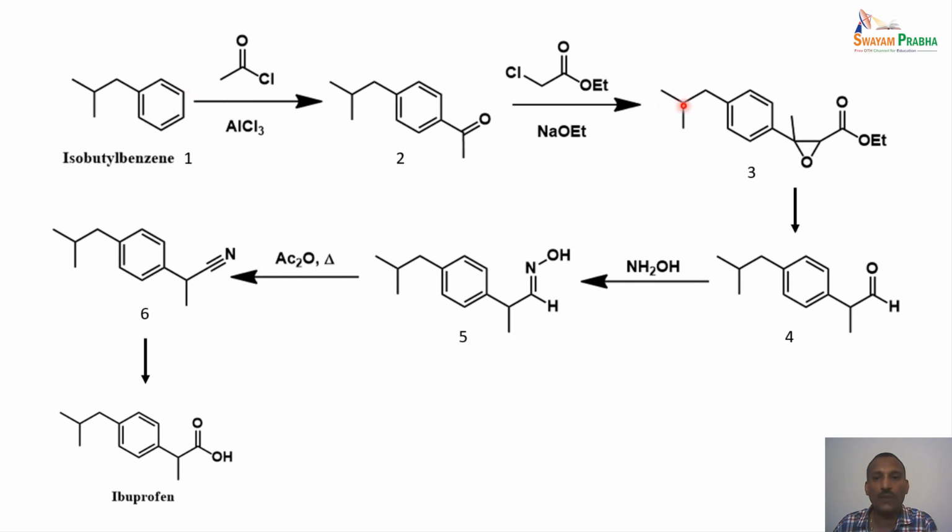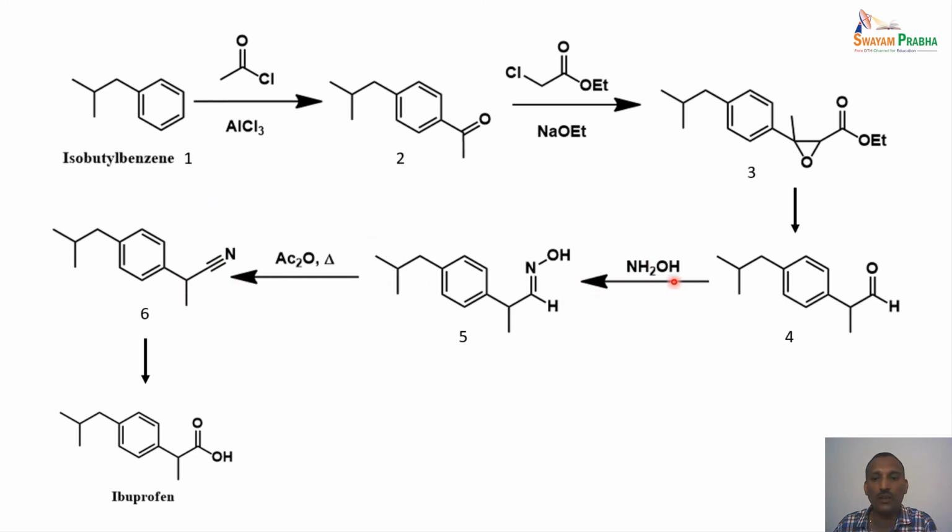Now we have given this compound, ibuprofen. This is synthesized from isobutyl benzene following various reactions. The first one is the Friedel-Crafts reaction, then we have a base catalyzed reaction, then a hydrolysis reaction, an acetylation reaction, and finally a hydrolysis reaction also. So we have various reactions involved.